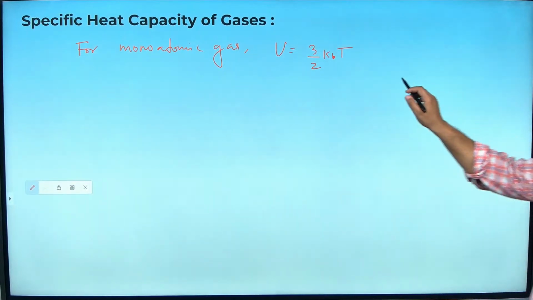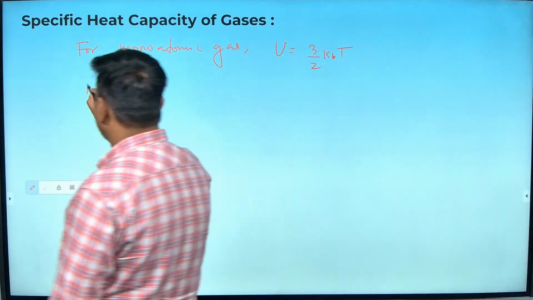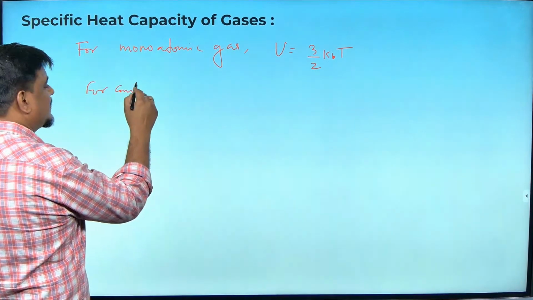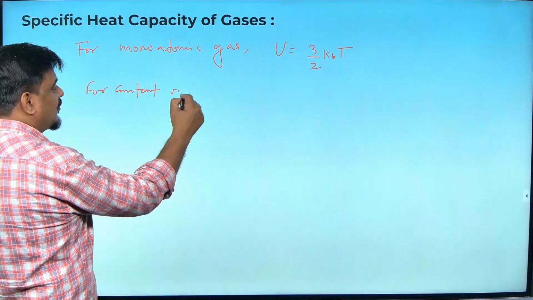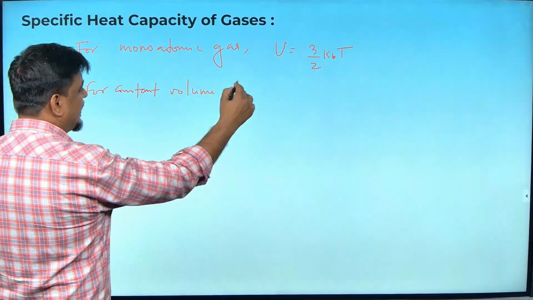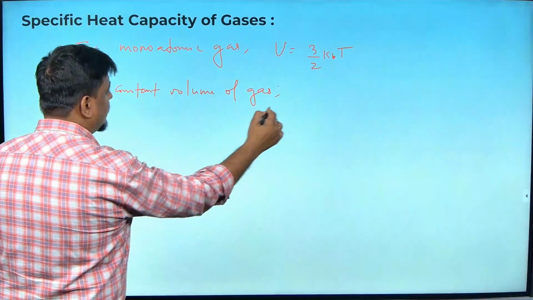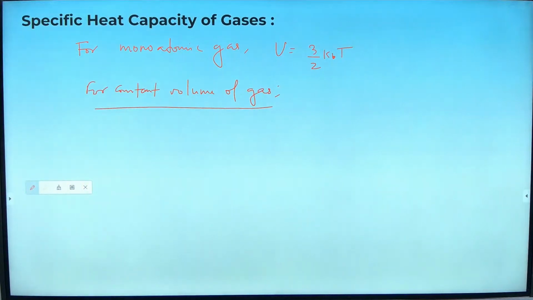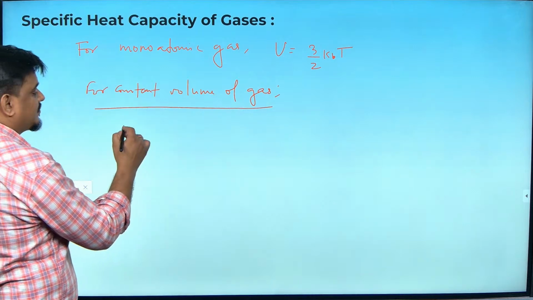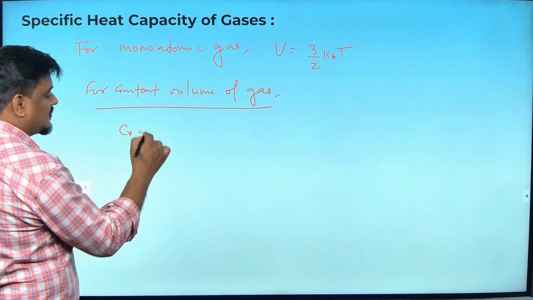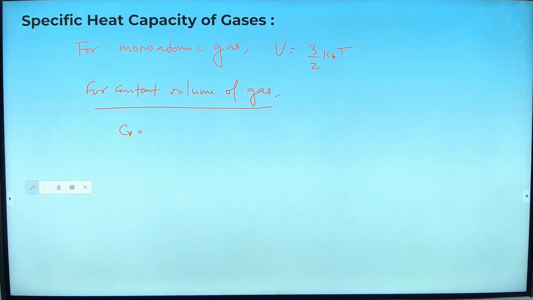So for constant volume of gas, please pay attention. I am taking V as constant. If V is constant, then what will be the value of Cv? What is the formula for C? C is equal to Q by m delta T.